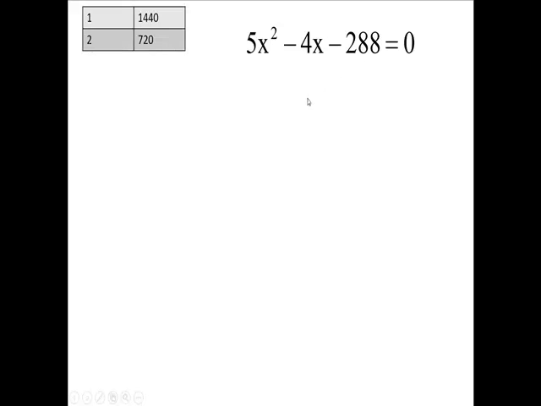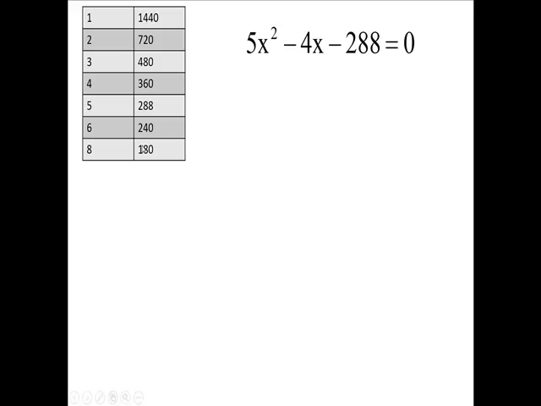And then if you list all of the factors of 1,440, you see 1 goes into it, 2 goes into it. You divide 1440 by 2, divide by 3, by 4, 5, 6, 8. 7 won't go into it evenly, 9.